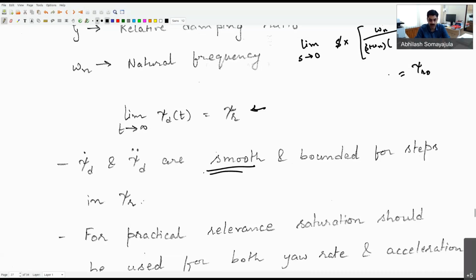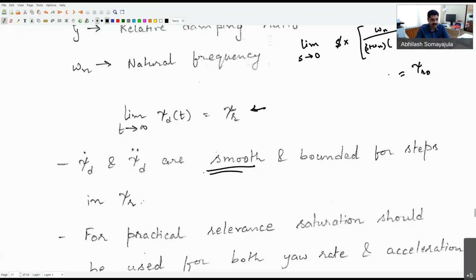But by using a third order filter, we are ensuring that if there is any non-differentiability, it will only happen in the third derivative of psi. So we are not really interested in that. We are able to get smooth values for psi d, psi dot d, and psi double dot d. All three of them, we are able to get a smooth estimate using this third order filter.